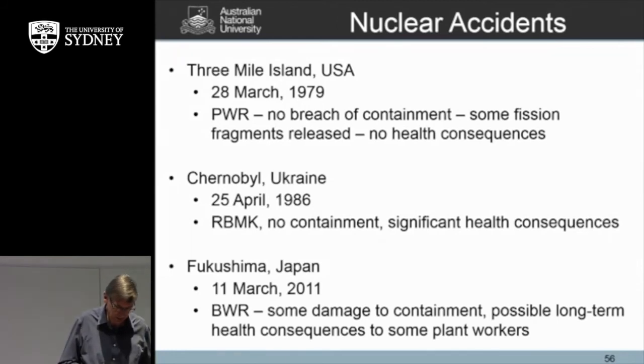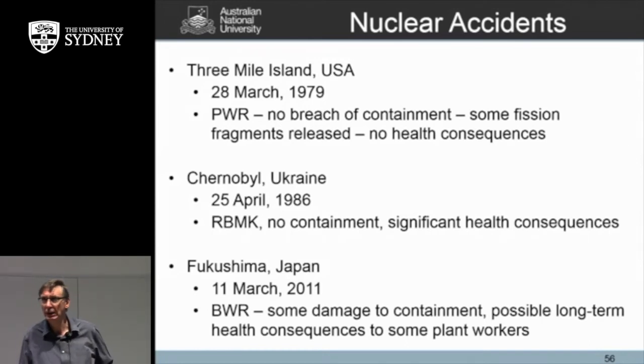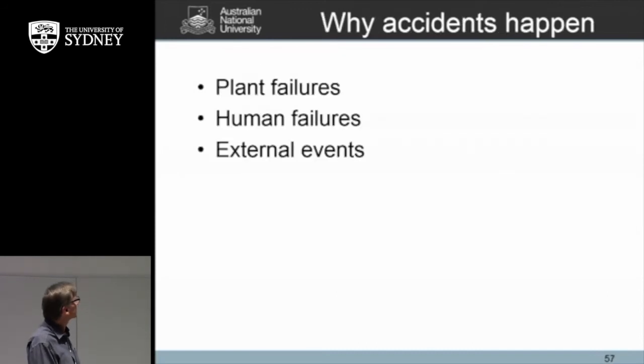Some on-site plant workers got their lifetime dose in managing this accident. So why do accidents happen? Well, 3 main things: plant failures, human failures, and external events, and sometimes a combination of all 3.